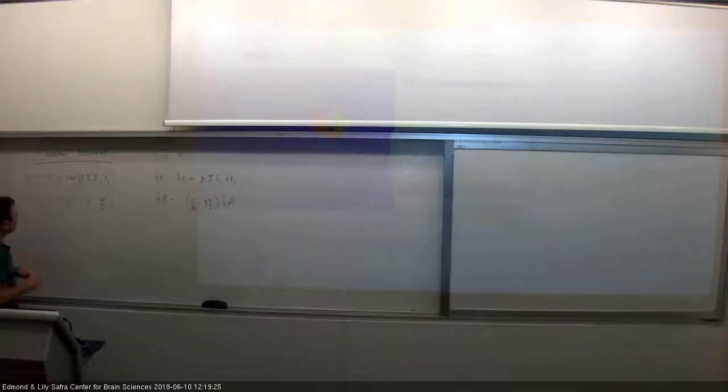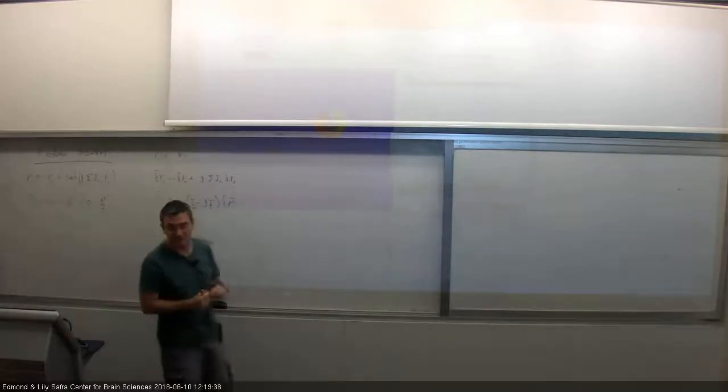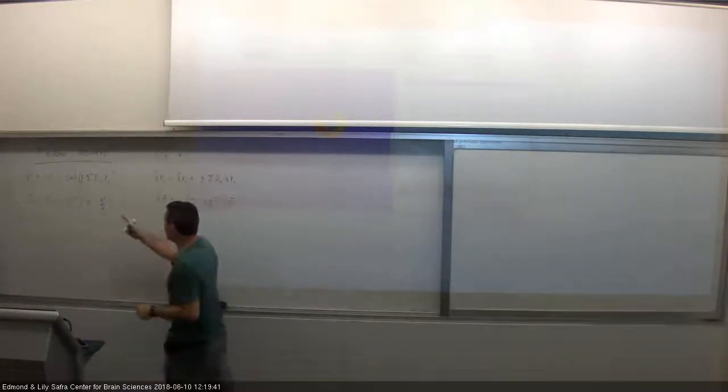So one thing that we can do is use our intuitions from the Hopfield model, because in the Hopfield model, the Jij are normally distributed. So in the Hopfield model, what is the value of G?